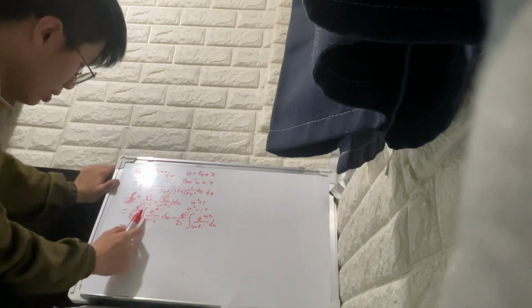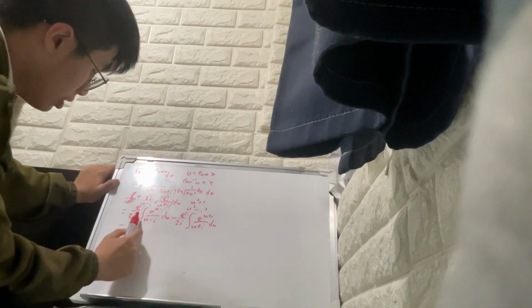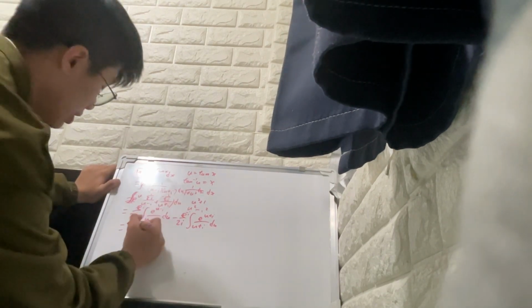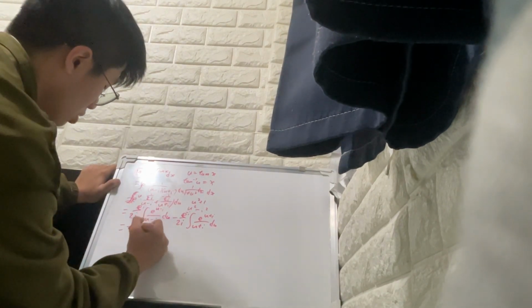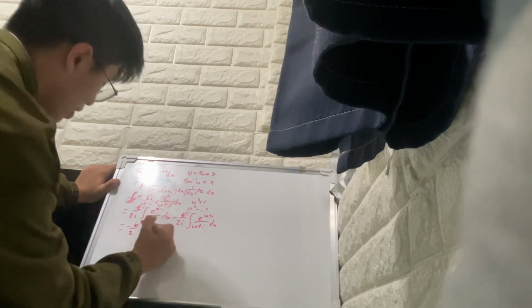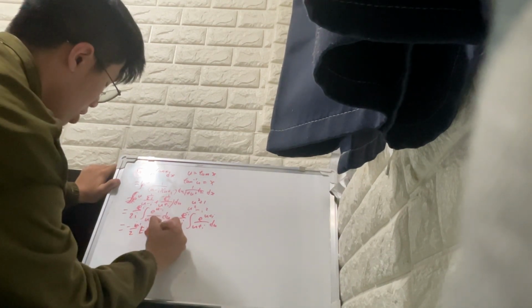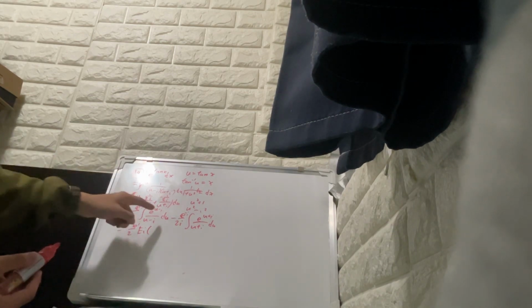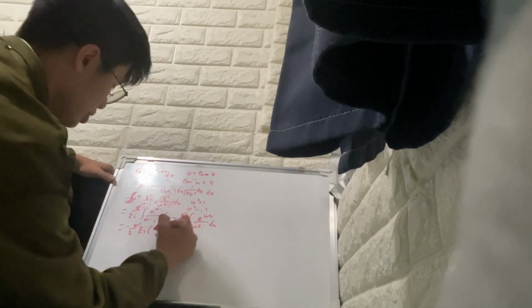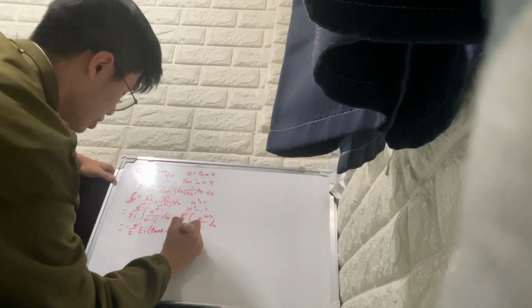And then I don't like i to be on the bottom, I like it on the top. Multiply by i on the denominator and the numerator, and i times i is just negative, so you get negative i over 2, and then multiply by e to the power of i, and then Ei of u minus i, and then u is just tangent x minus i.